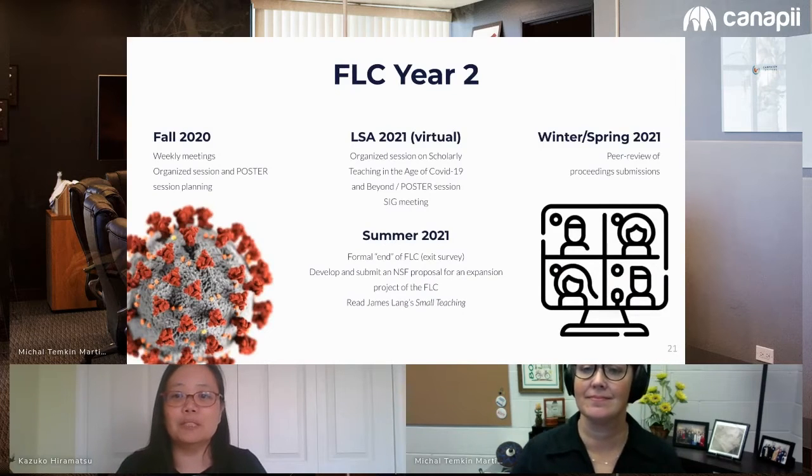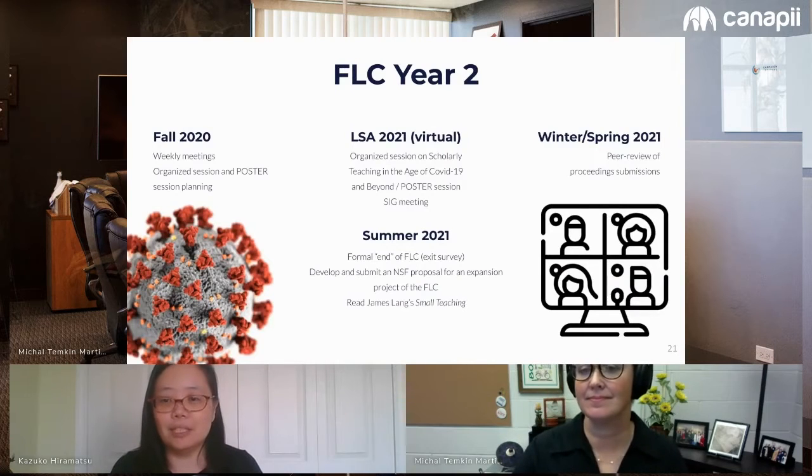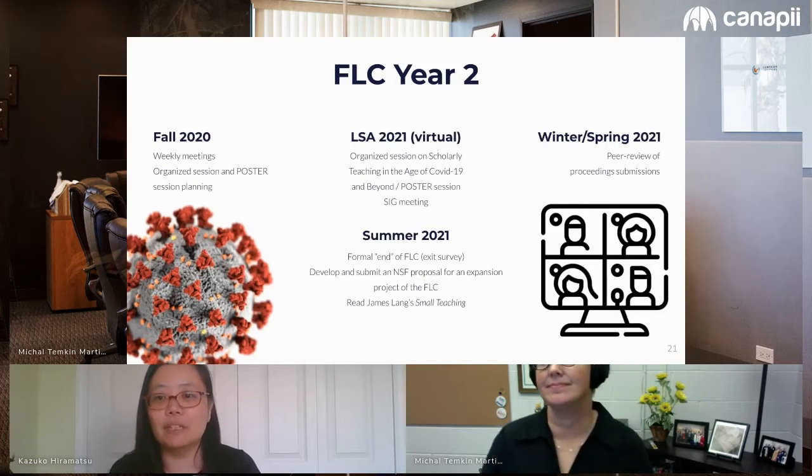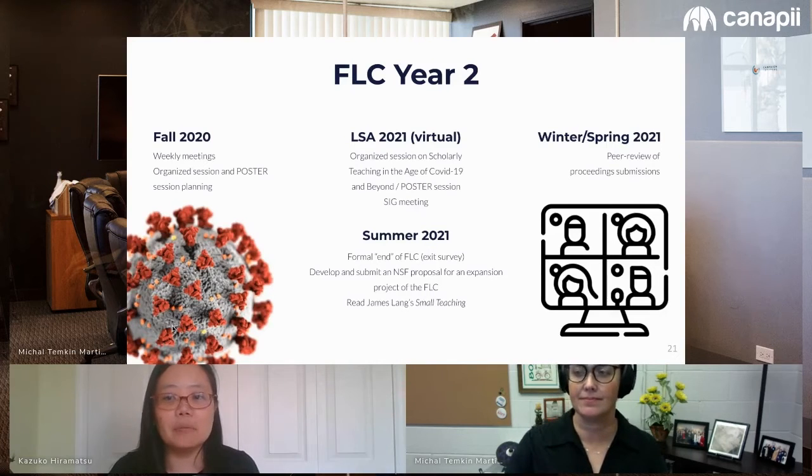Our group also proposed an organized session about pedagogical issues that the pandemic raised in the teaching of linguistics. We intentionally invited poster presentations about scholarly teaching rather than SoTL so that we could really open up the space to as many people as possible. We encouraged presenters from the poster session to expand their presentations further by thinking about how their pedagogical strategies address JEDI issues in the classroom, and then we invited them to submit this work to a peer-reviewed proceedings issue.